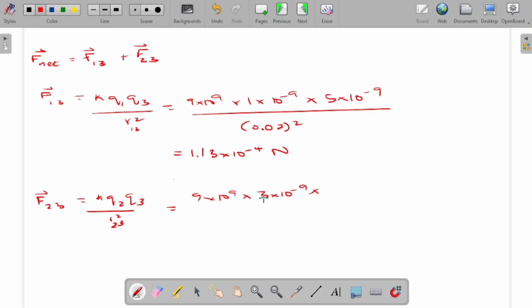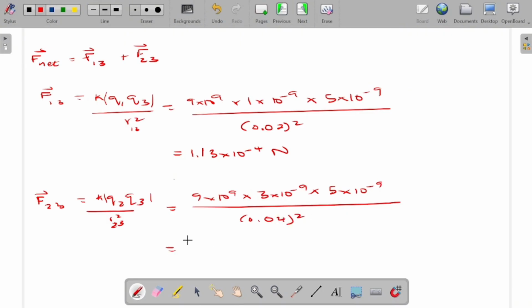Remember, even though it's negative, we are taking the magnitude. There's a magnitude here. 5 times 10 to the 9 over 0.04, which is 4 centimeters.